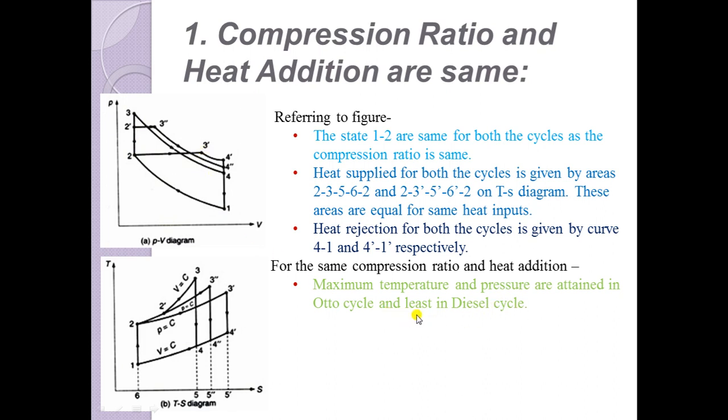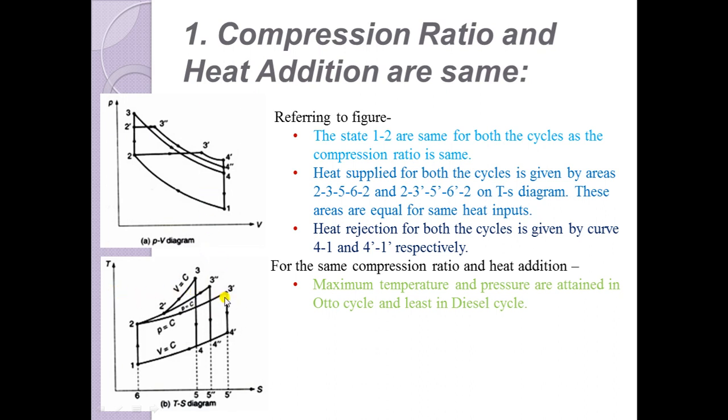So, this is the first observation, and as well as for the maximum temperature using your TS diagram. See, the point number 3 represents Otto cycle, 3 double dash represents dual cycle and 3 dash represents diesel cycle. So, here the maximum temperature attained is in case of Otto cycle and the least temperature attained is in the case of diesel cycle.